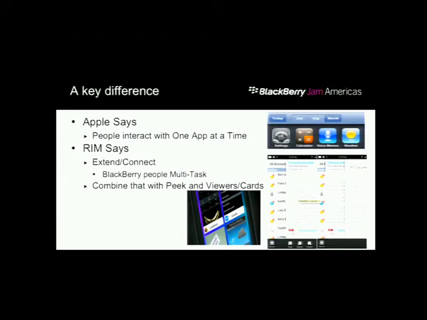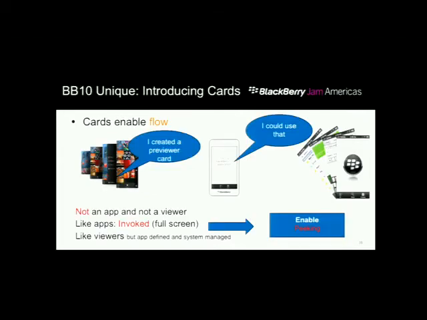I want to briefly overview the concept of cards in light of this presentation and give a preview, because this is really something you need to be aware of as a difference between the two operating systems. Cards are meant to enable flow, and we highly encourage flow on BlackBerry 10. If you're, let's say, a picture previewer application, every application on BlackBerry 10 can create its own card.